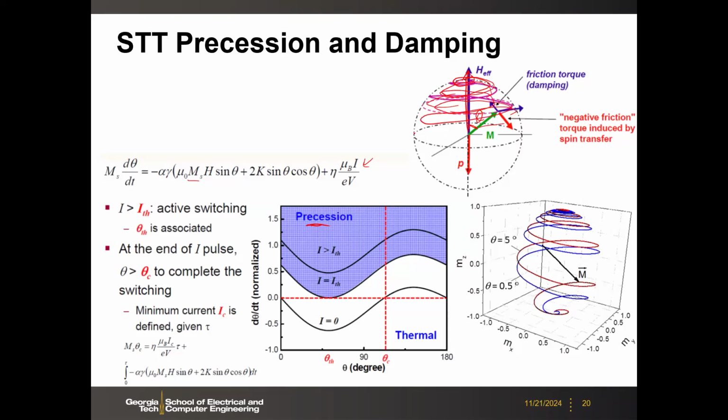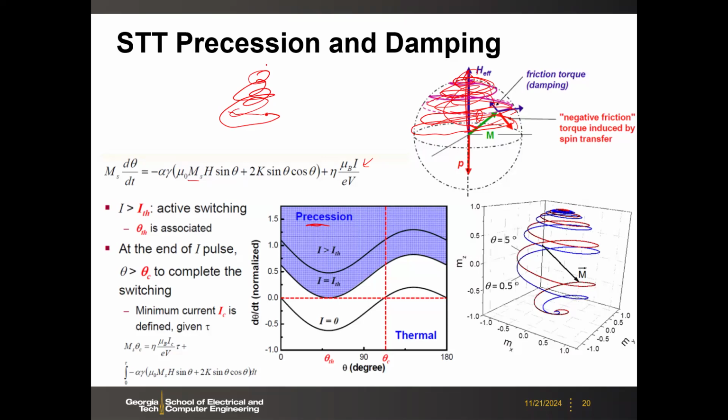Of course, the larger the current, the more you rotate. And there's a thermal aspect. But if you withdraw the current, if the current is not approaching the threshold, then this will go back. It's like you rotate, and if you remove the current, then it will go back.